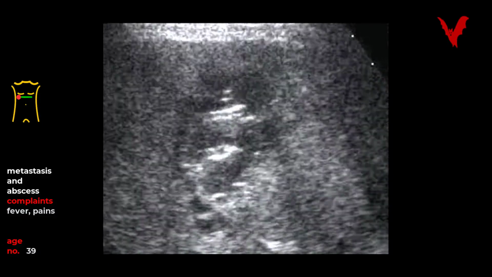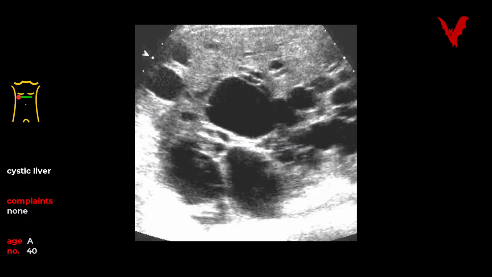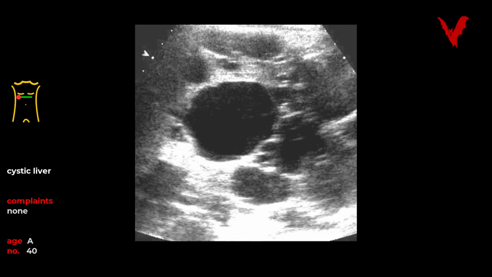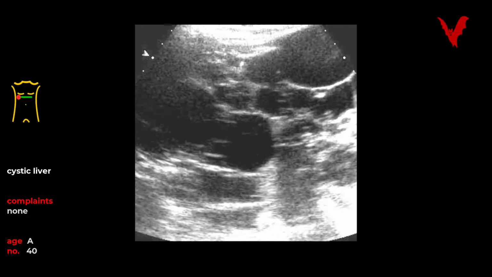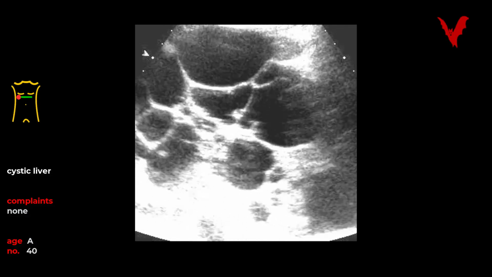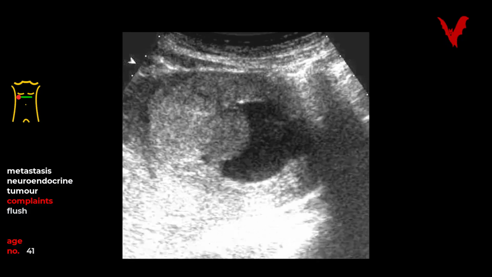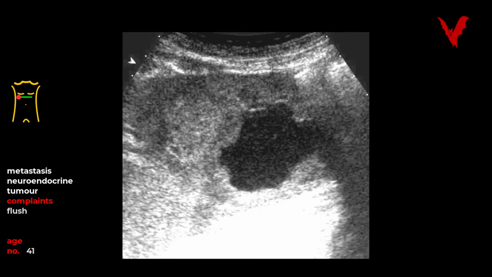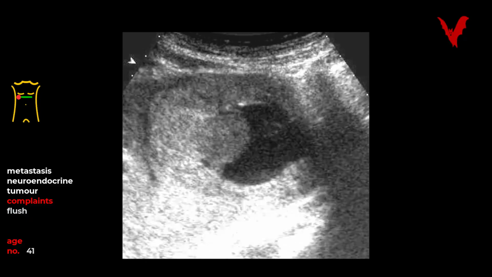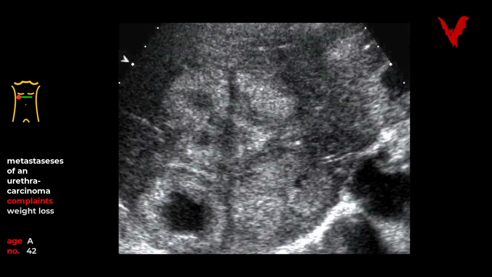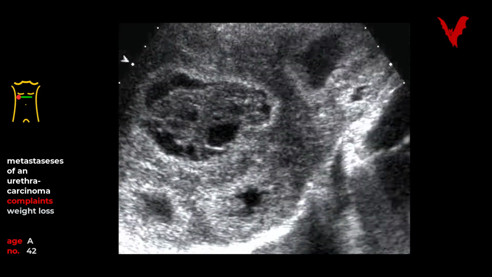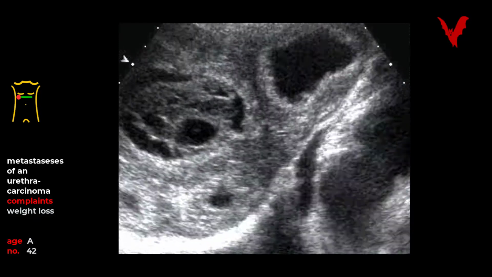gas-producing elements. Despite these multiple cysts, in figure 40, the patient was free of symptoms. The prime tumor in this case, in figure 41, was located near the duodenum, and in this case, 42, the primary tumor was from the urethra.